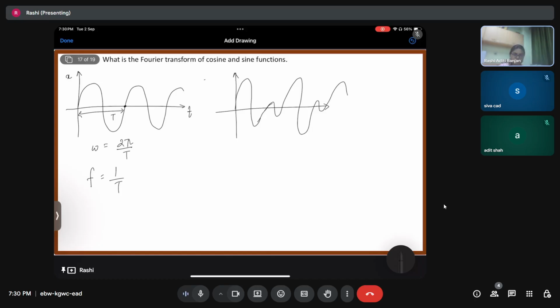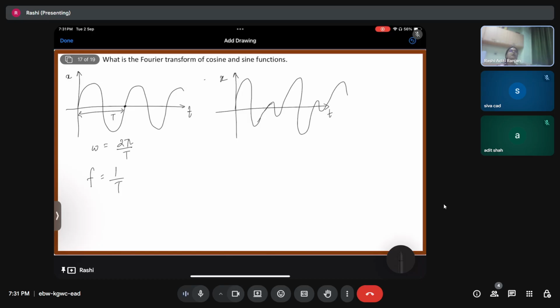Now for this kind of a function, if I need to find out the Fourier transform, what I can do is convert it from a time domain to frequency domain. And if I can convert it to a frequency domain, I can know what is the contribution of a certain frequency in the system and what is its total amplitude.